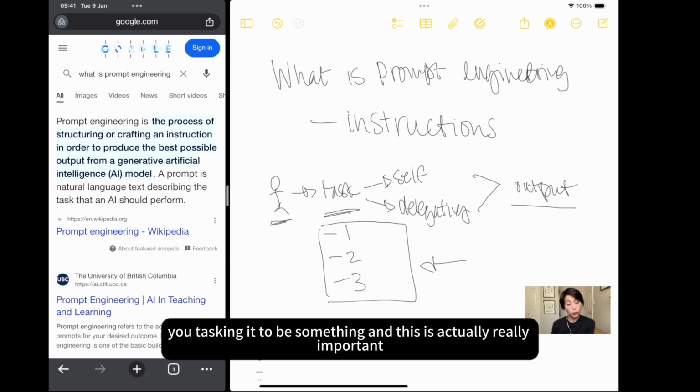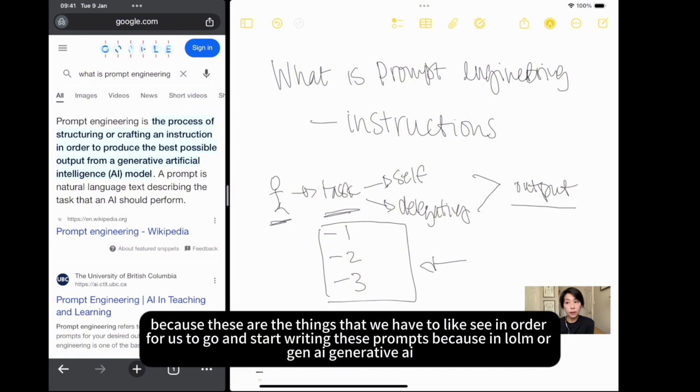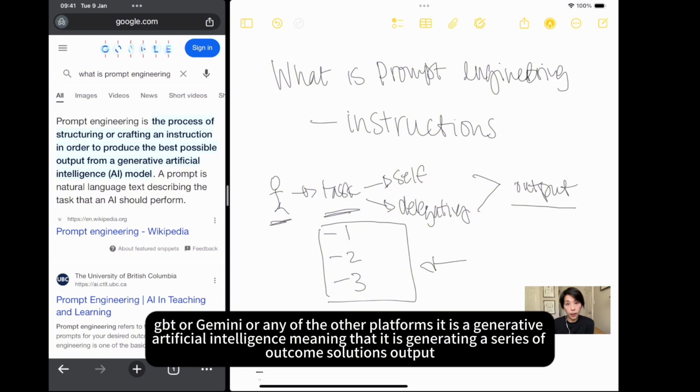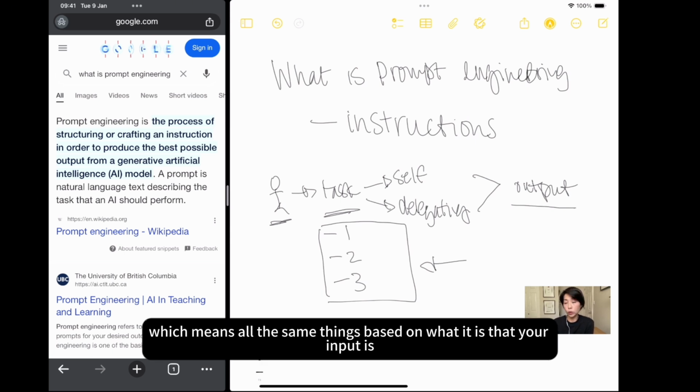And this is actually really important because these are the things that we have to see in order for us to start writing these prompts. In an LLM or Gen AI, generative AI, which is what we're using with ChatGPT or Gemini or any of the other platforms, it is a generative artificial intelligence, meaning that it is generating a series of outcome solutions, output, based on what your input is.